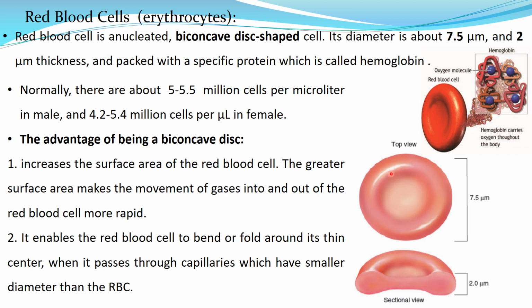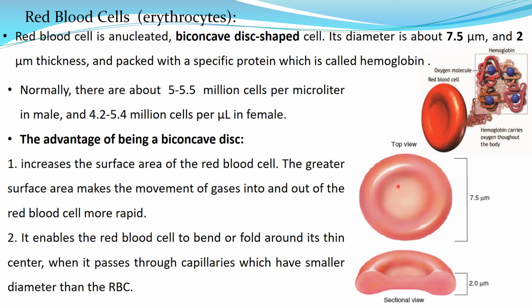So they can easily bend and fold when they are passing through, let us say, a blood vessel or a capillary which has a smaller diameter than the red blood cells.